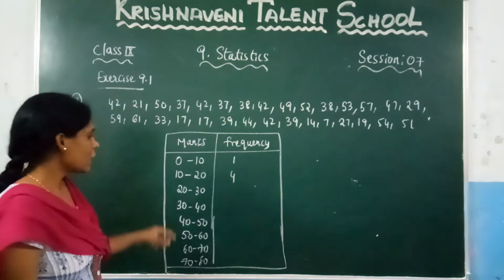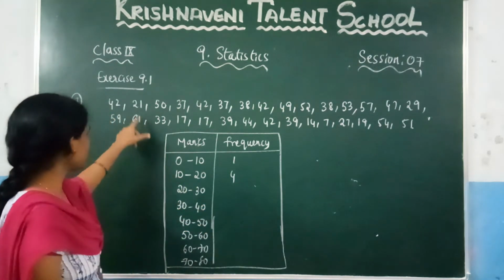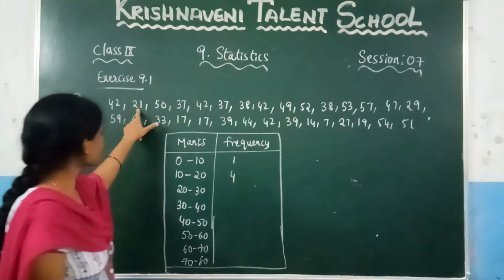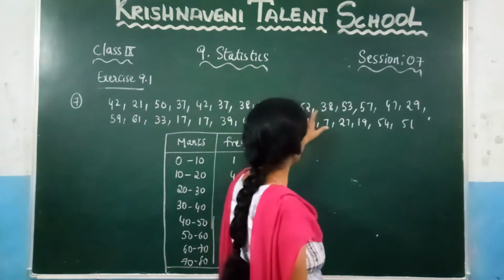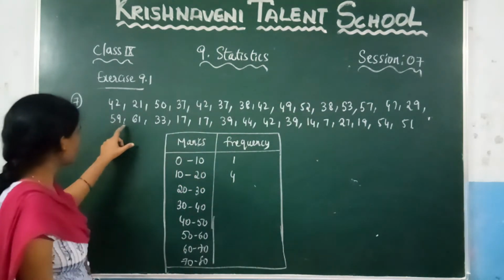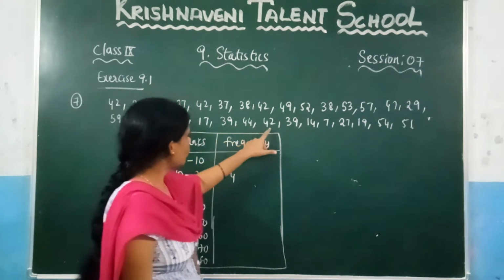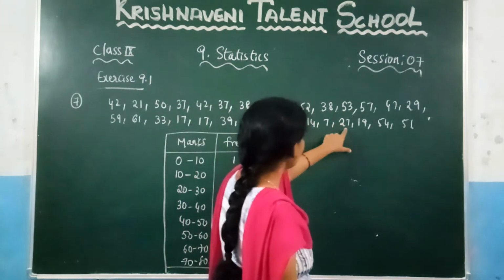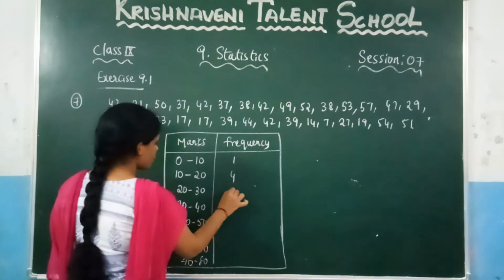Now let us see in between 20 to 30 how many students are there. 20 to 30 here 1, 2, 3. 3 students are there who got in between 20 to 30.